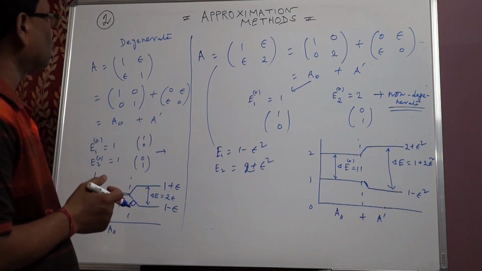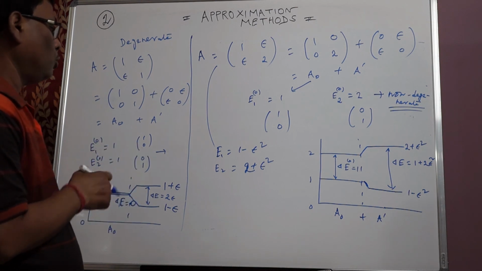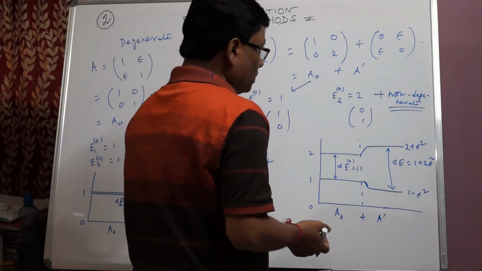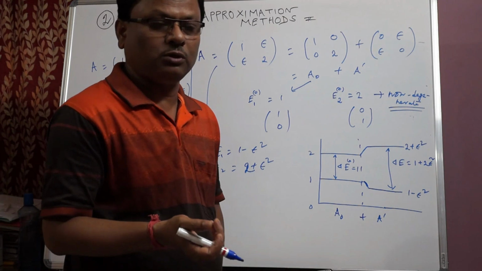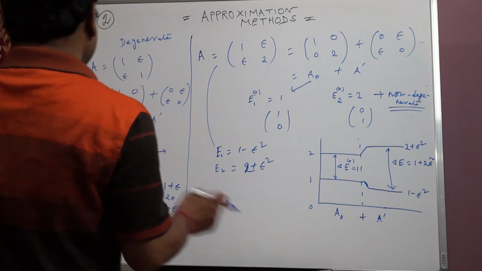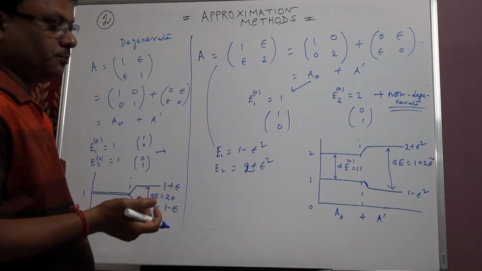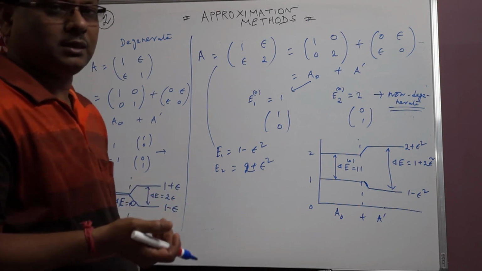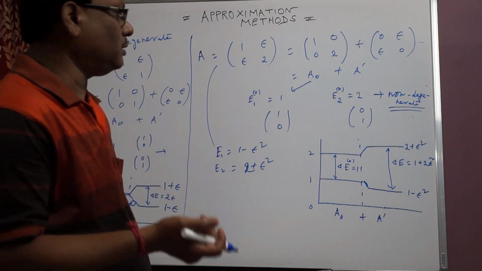This is the difference between the non-degenerate and degenerate cases. In the non-degenerate case, the perturbation increases the splitting between the energy levels, and in the degenerate case, it removes or lifts the degeneracy, either fully or partially, and splits the energy level.